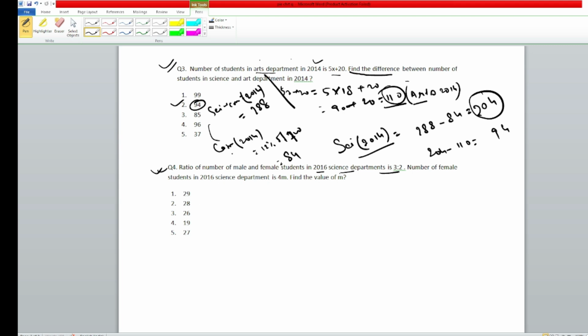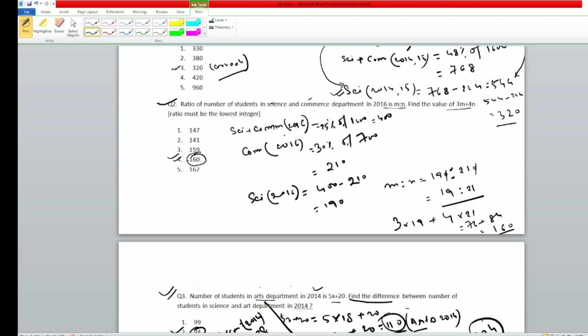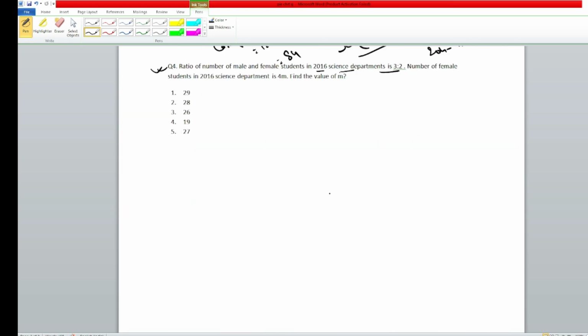We already found that the science department in 2016 is 190. The ratio of male to female is 3:2.